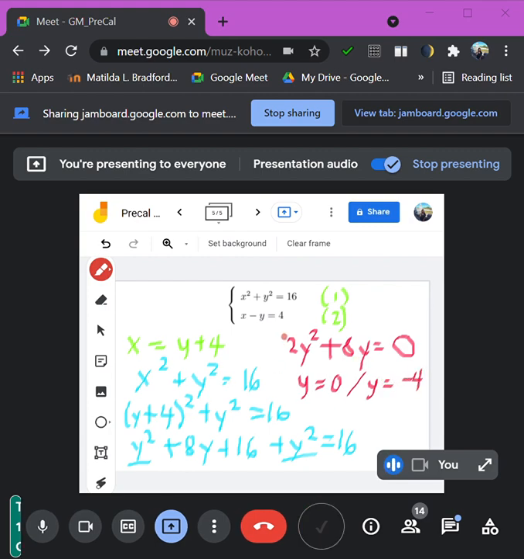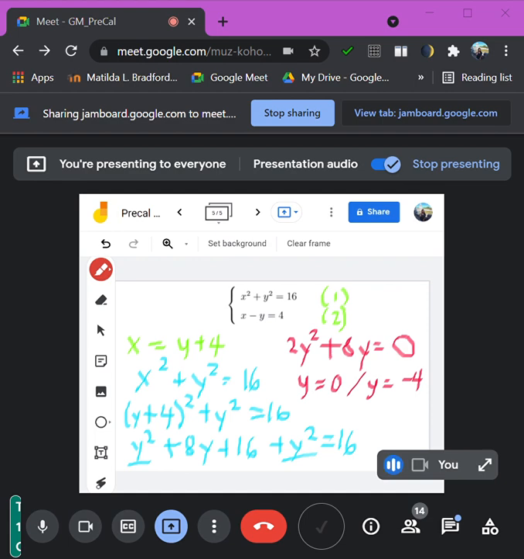Just use the quadratic formula, negative b plus minus square root of b squared minus 4ac over 2a. You will get this answer, 0 and negative 4.